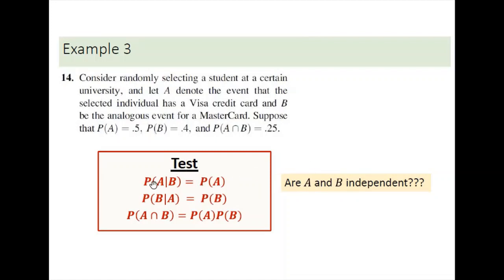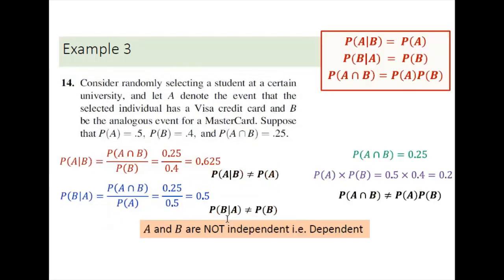We can use this equation to show the independence, or this one, but one of them is enough. In this example we are going to use all of them, but I told you one is enough.